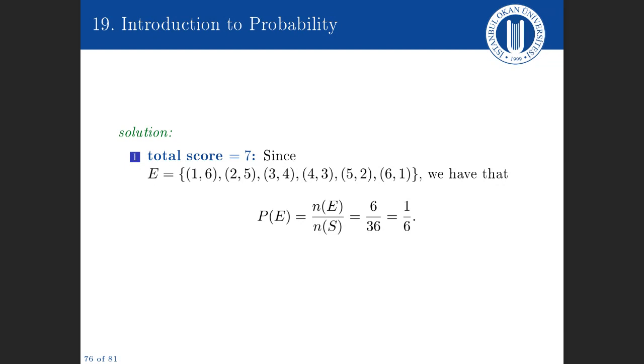So remember, the way to get a total score of 7 was this compound event. This compound event contains 6 objects, and the sample space contained 36 objects. So the probability of getting a total score of 7 is going to be 6 divided by 36.